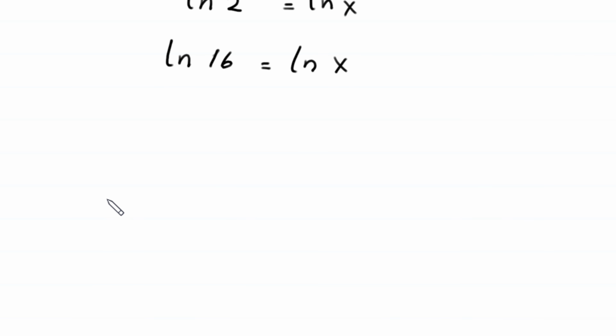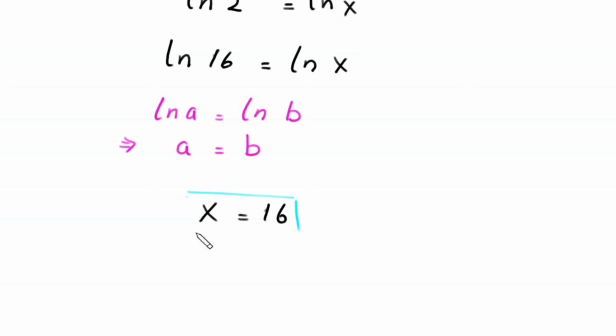Now by using this natural log property, if we have ln of a is equal to ln of b, then this implies that a is equal to b. So this will become x is equal to 16. So we get the same answer as we get by using method 1.